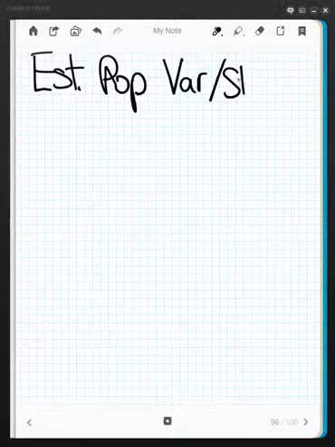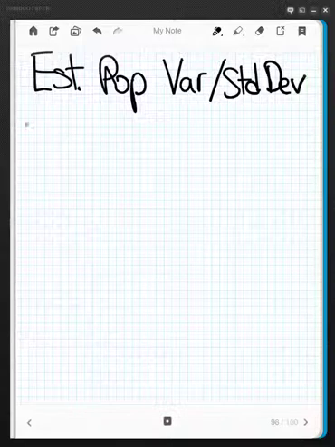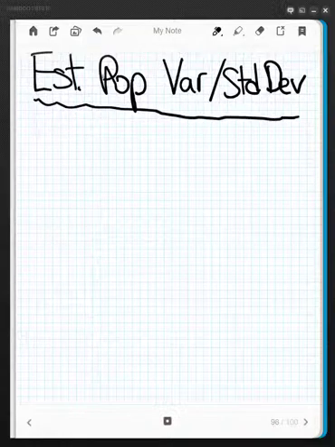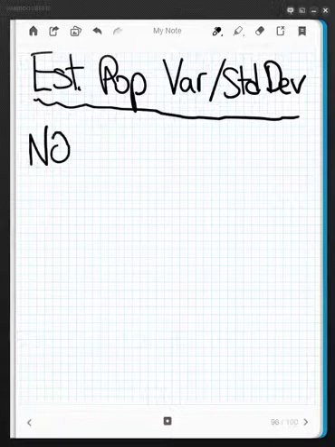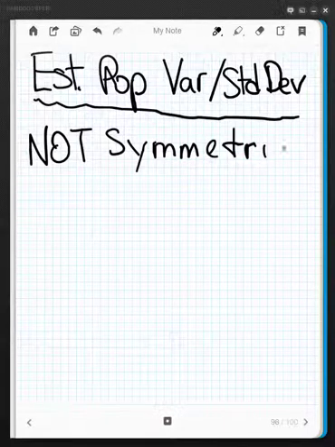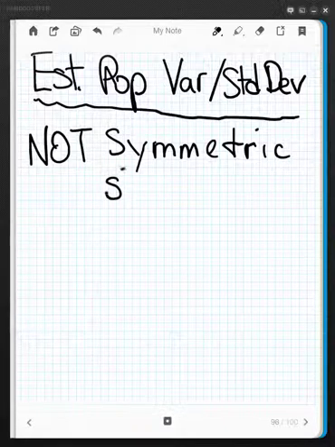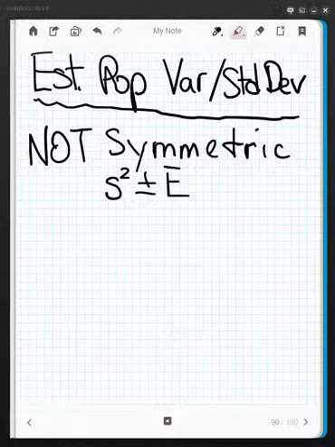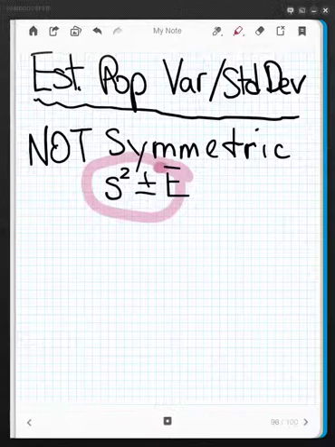This is a non-symmetric interval because it's not based upon a t or a z distribution. It's based upon a distribution called a chi-squared. So the thing that we need to understand here is that this is not symmetric. It is a skewed distribution. So we don't have s squared plus or minus some margin of error. That is not going to cut it for us.